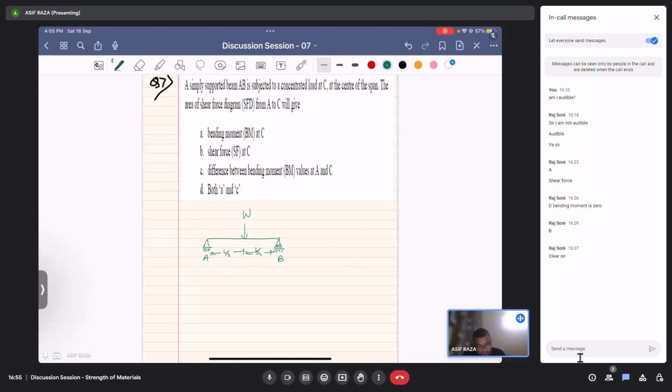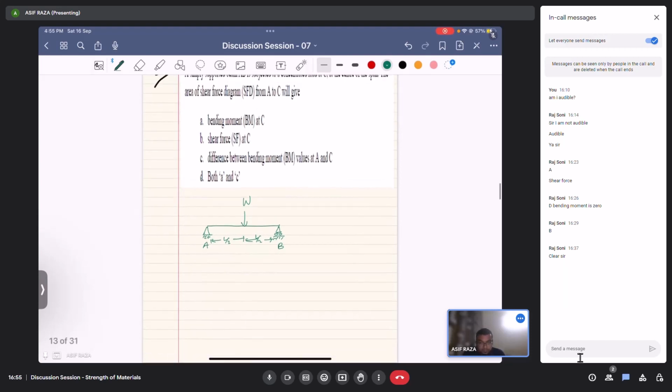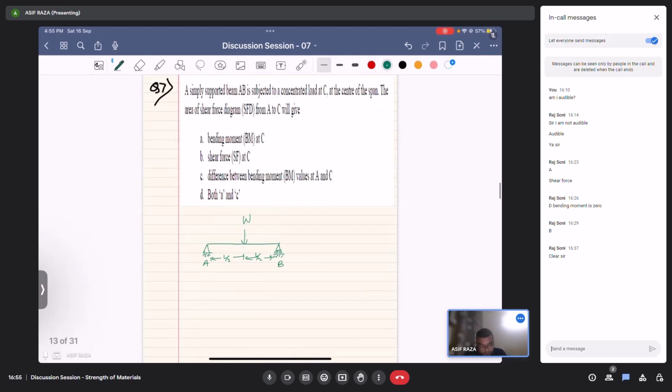So the area of shear force diagram from A to C will give... First thing first, we'll draw the SFD or BMD. If you solve this, the reactions are RA, RB and HA.